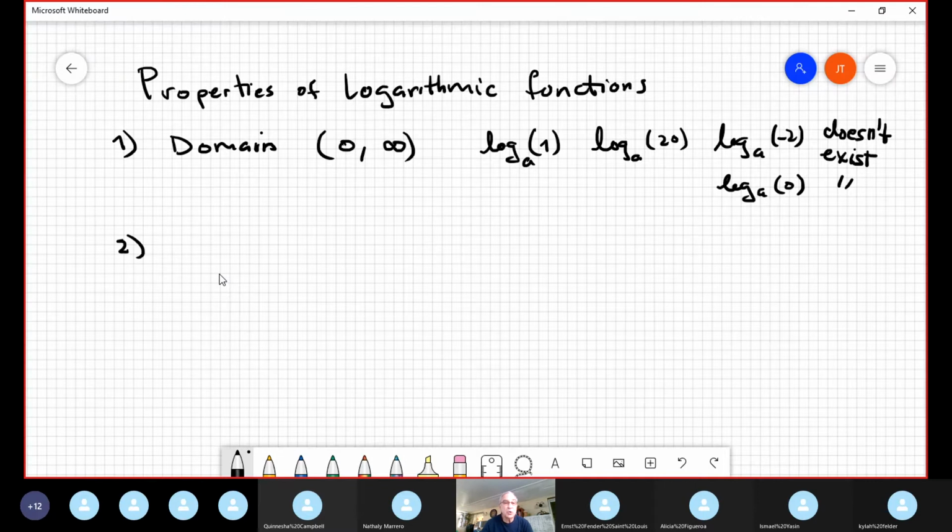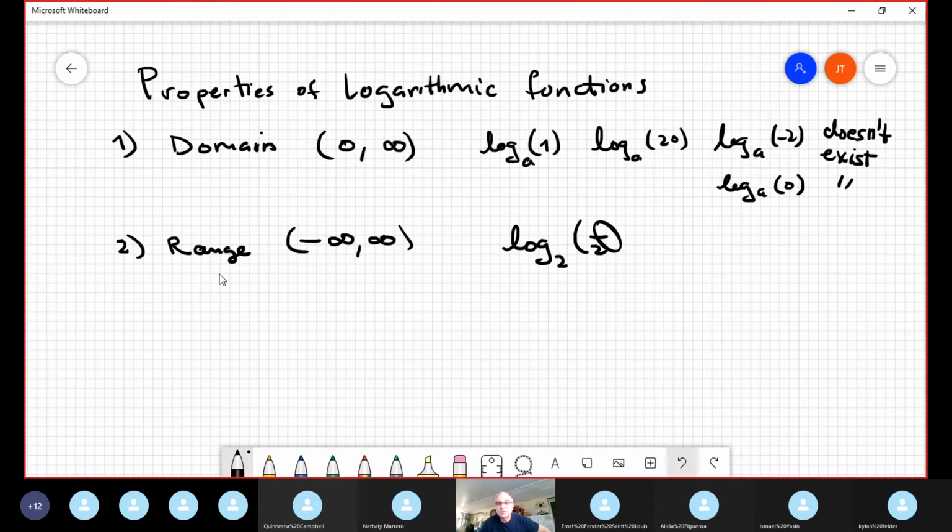However, the range is all real numbers because the answer of the logarithm can be positive or negative. So what determines whether it is positive or negative? Okay, listen to me. Suppose logarithm base 2 of 1/2, which you know is negative 1. This rule is classical.